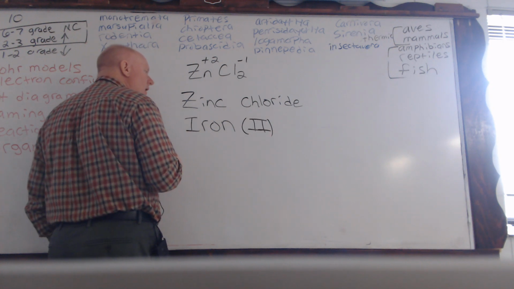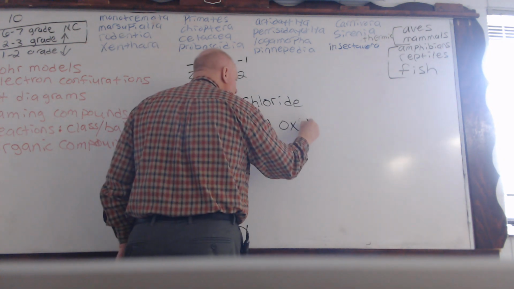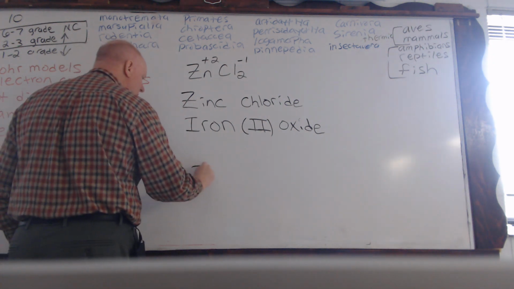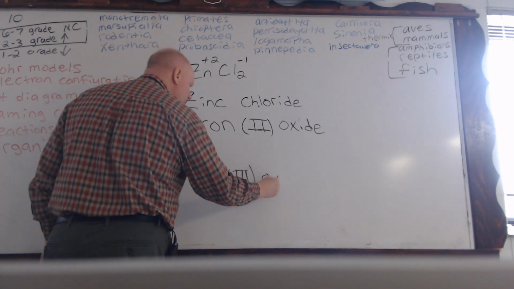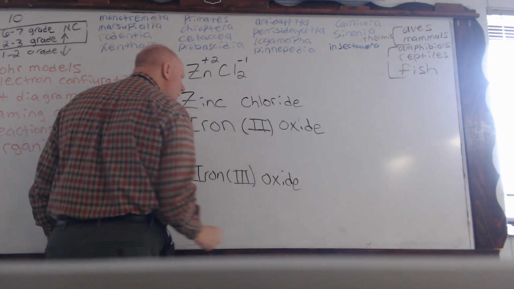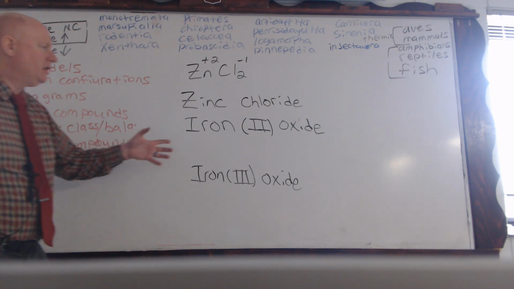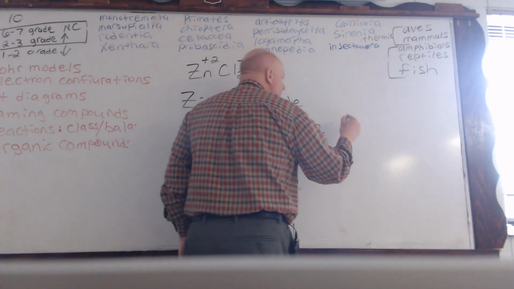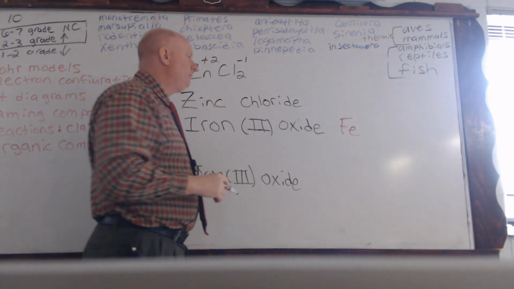And then you said oxygen? Okay, so if that exists, and we've done this before, I know we have. What's the symbol for iron? What is the symbol for the oxide ion?